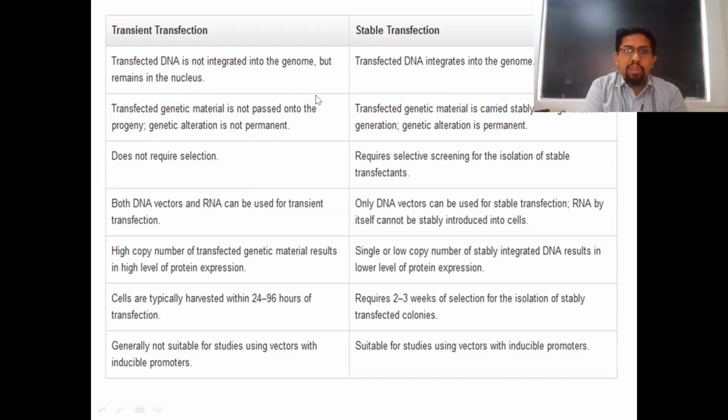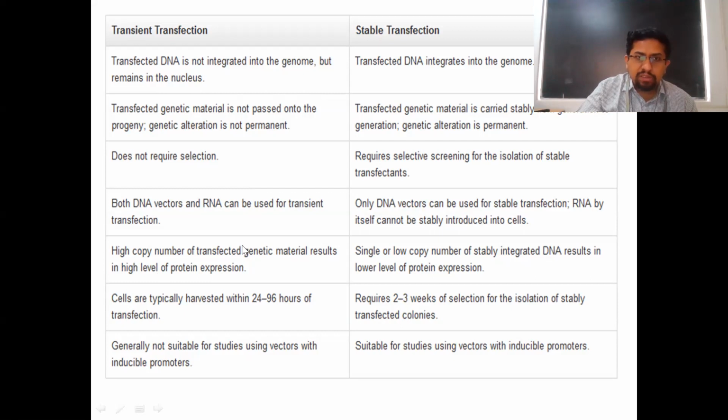So therefore, copy number might be very high within the first target cell, but as it keeps dividing, the copy number will go down with the number of cell divisions. This is only in the case of eukaryotic cells. But in bacteria, it will maintain the copy number. So please don't get confused over here.